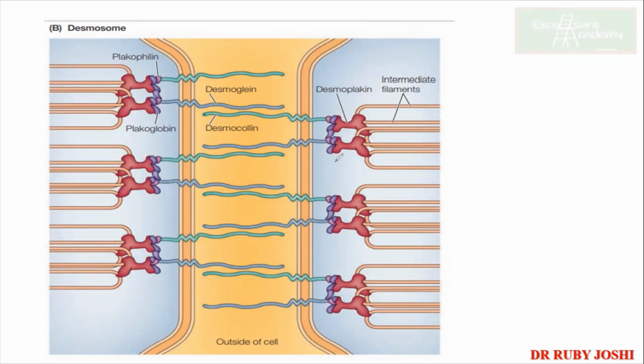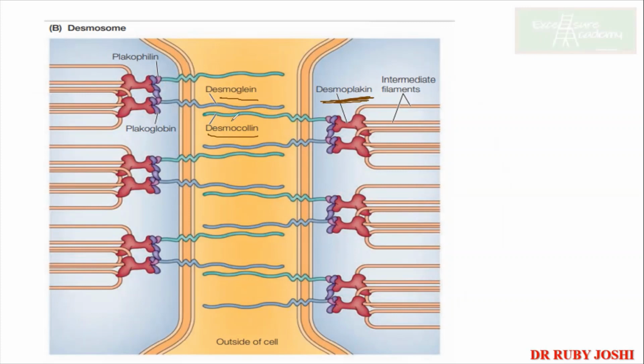The two cells are making connections. Like how? So desmoplakin. Okay, desmoplakin is having both desmocollin and desmoglein. These are the two proteins which are making connections with the other cell: desmoglein and desmocollin.